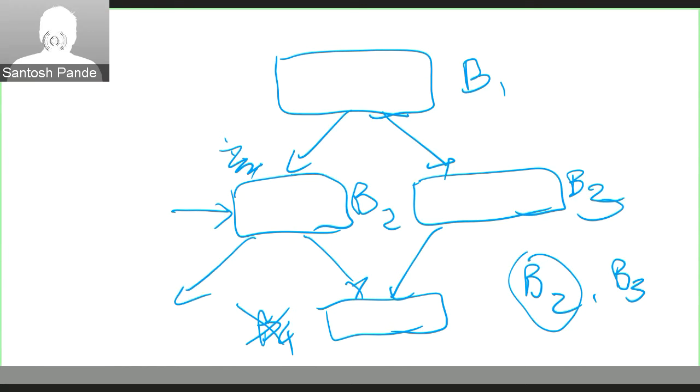If it had another one, let's say like this, that was satisfying the unique predecessor requirement, let's say this is B5, then what I would have done is I would have admitted it into the extended basic block.